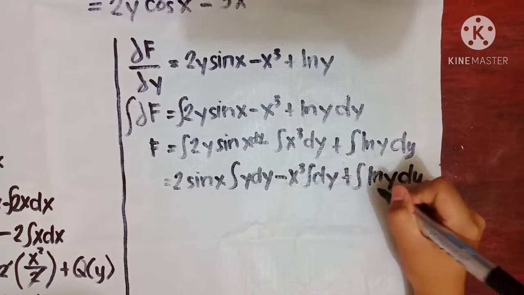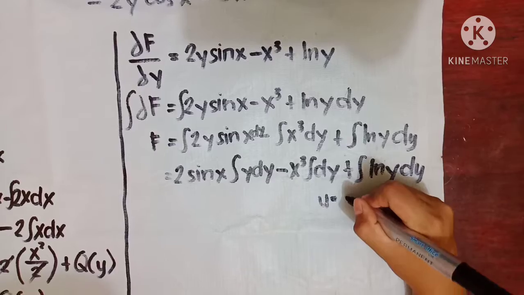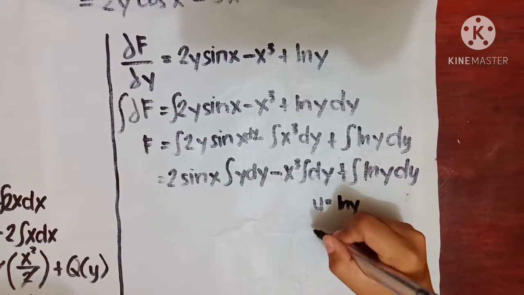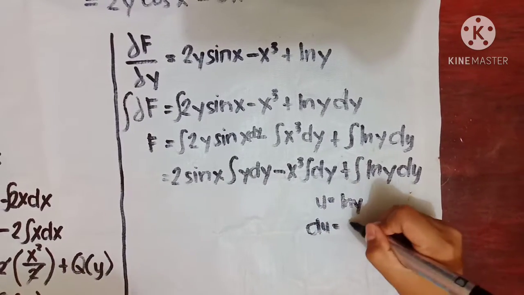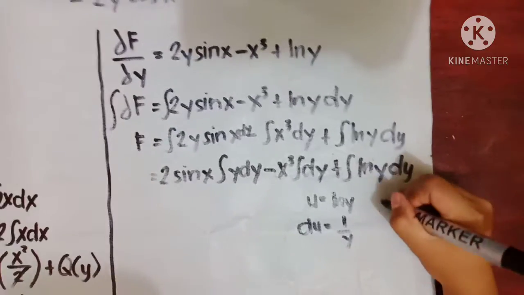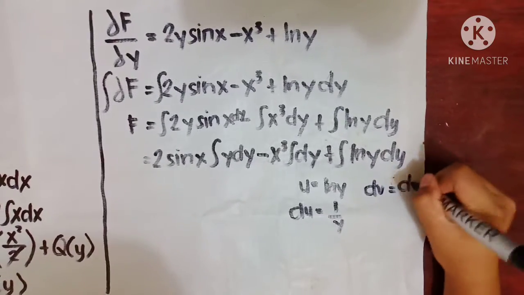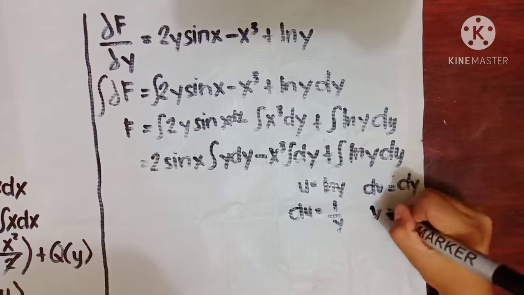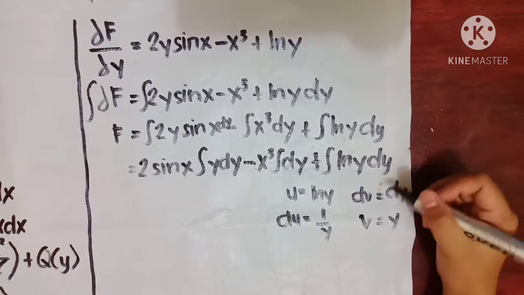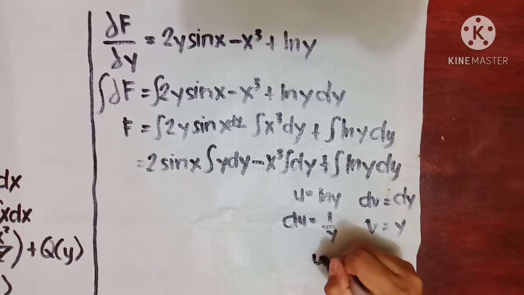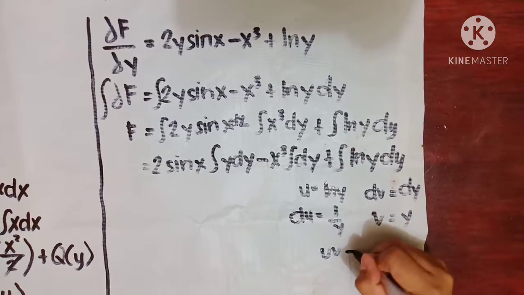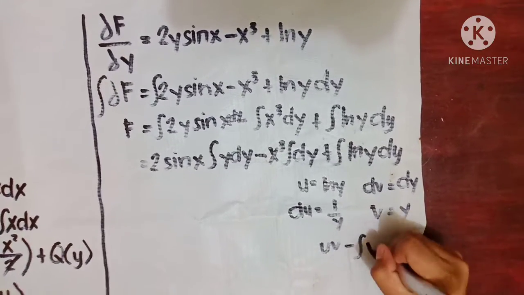So for this, we have u is equals to ln y, du is equals to 1 over y, dv is equals to dy, and v is equals to y. And we will arrange this in the form uv minus the integration of v du.